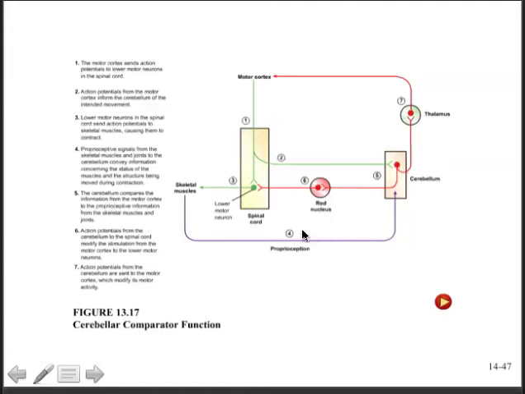And then what's happening here is that the cerebellum is receiving information via proprioception from the skeletal muscle via the movement. And so what it will do is modify via the thalamus what's being sent from the motor cortex, and it will also modify via the red nucleus the coordination of these planned activities.